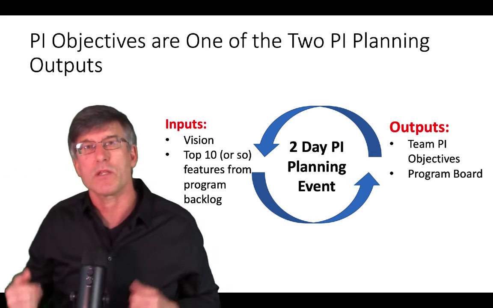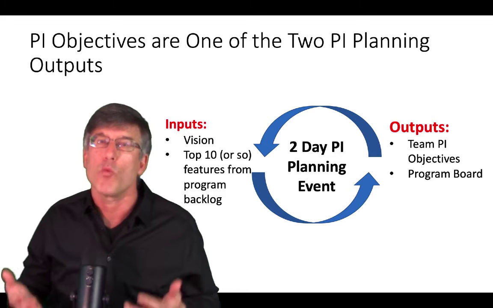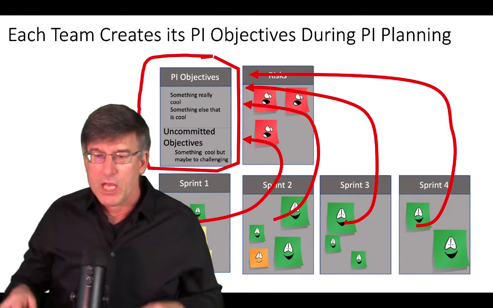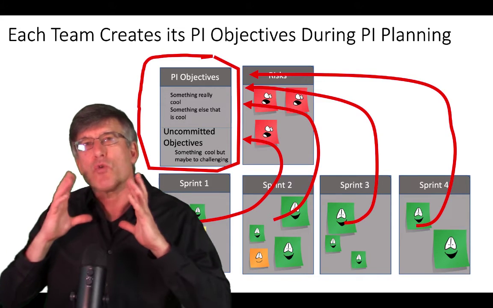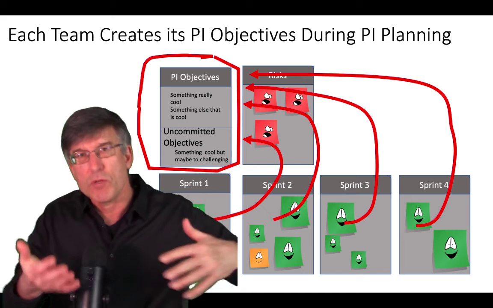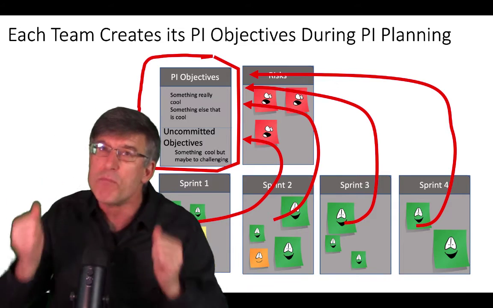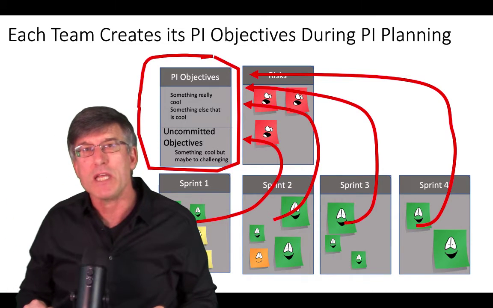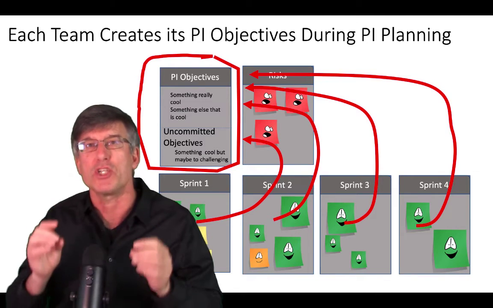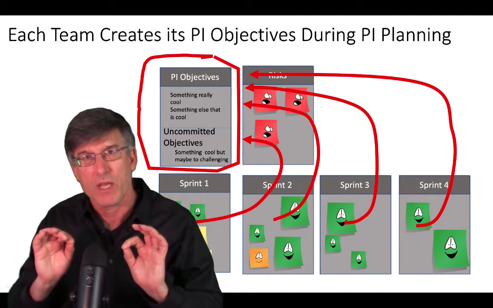You also get as an output the program board, which will be the topic of another video. Each team during PI planning creates its PI objectives. So the PI objectives, remember, are the summary of everything that we are hoping to be able to accomplish during the PI, right?